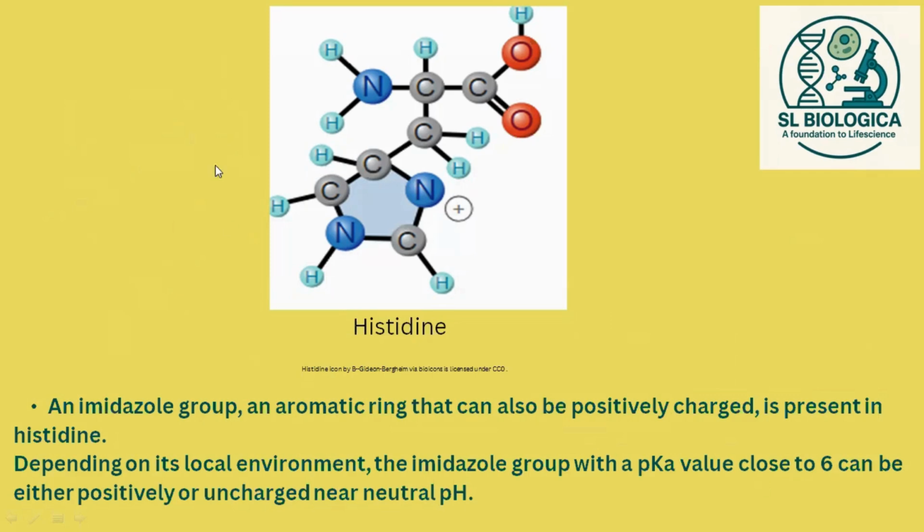So its imidazole side chain pKa value is close to 6 or 7. Okay, it can be either positively charged or uncharged near neutral pH. So likewise, each amino acid has its own properties. So we have discussed two important amino acids, proline and histidine.